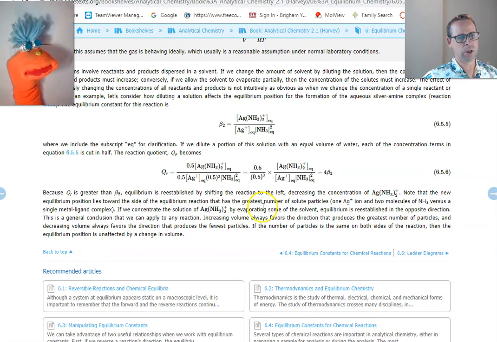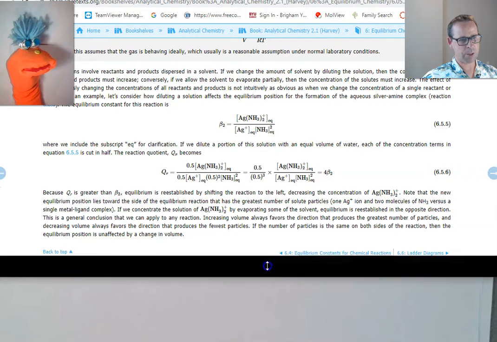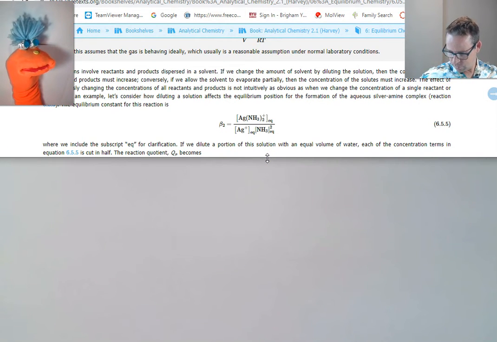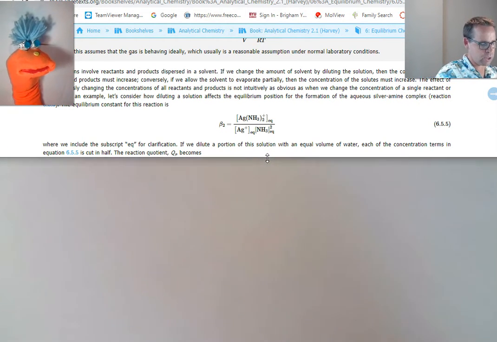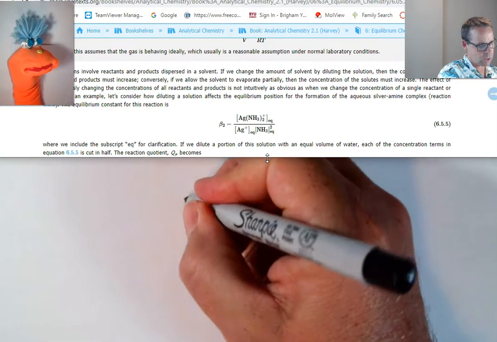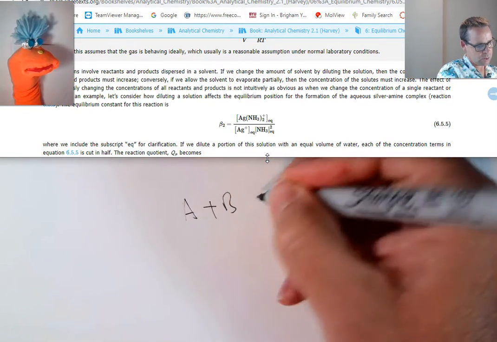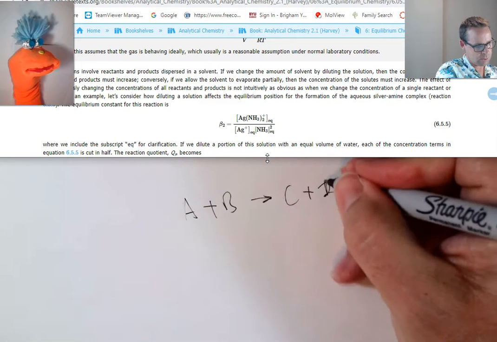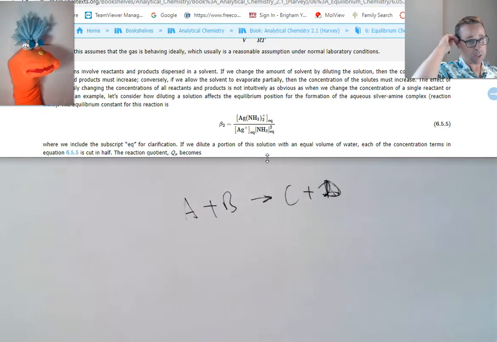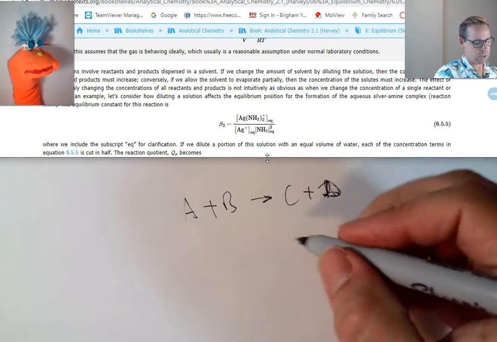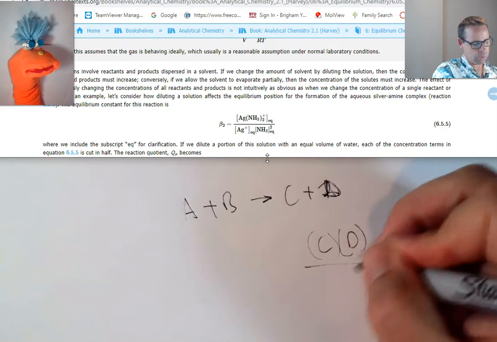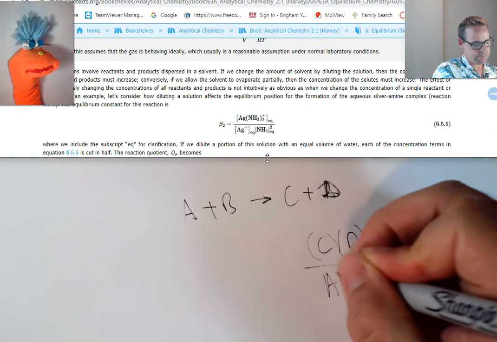Kind of. Not quite sure though. Well, let's look at an example on paper then. So if I have a chemical reaction, any old chemical reaction, A plus B going to C plus D. All right, the equilibrium expression here is CD over AB.